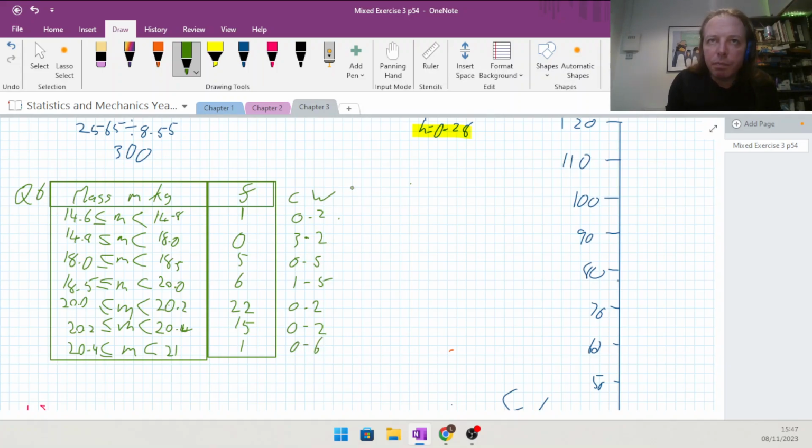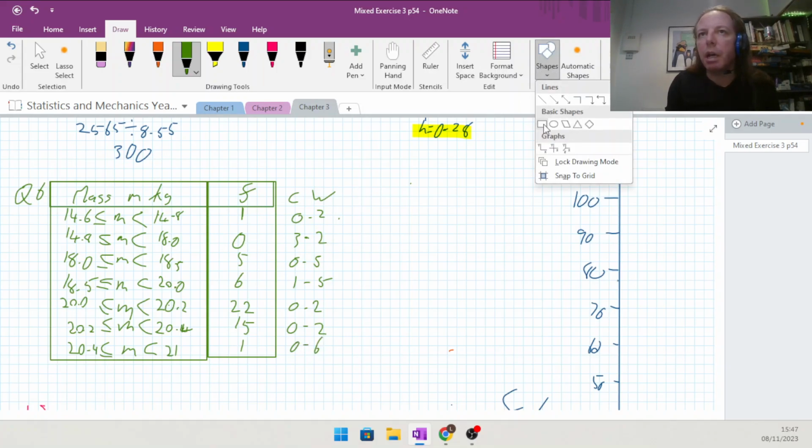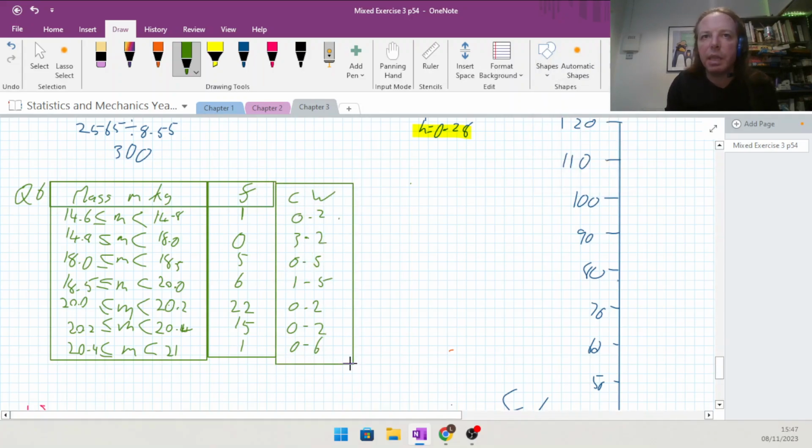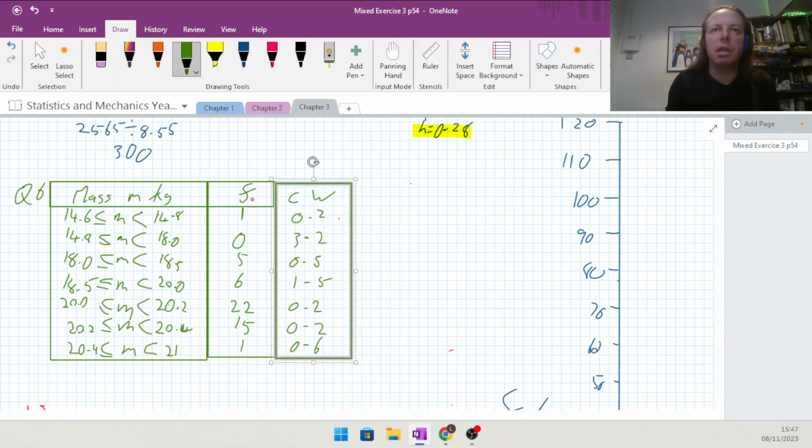Now remember, your frequency density is actually going to be your frequency divided by your class width. So 1 divided by 0.2 is 5, 0 divided by 3.2 is 0, 5 divided by 0.5 is 10, 6 divided by 1.5 is 4.